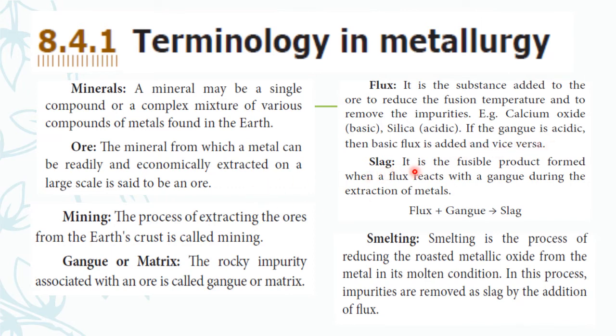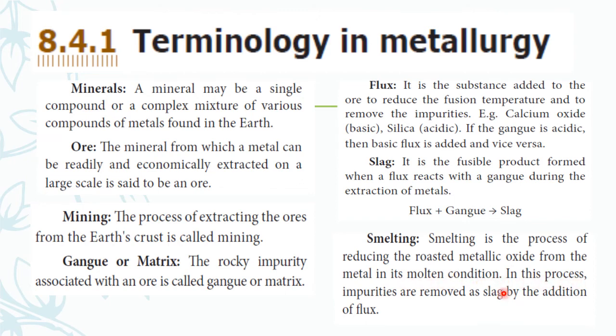Next is slag. It is the fusible product formed when a flux reacts with a gangue during the extraction of metals. See, flux plus gangue gives slag. Next one is smelting. It is the process of reducing the roasted metallic oxide to the metal in its molten condition.